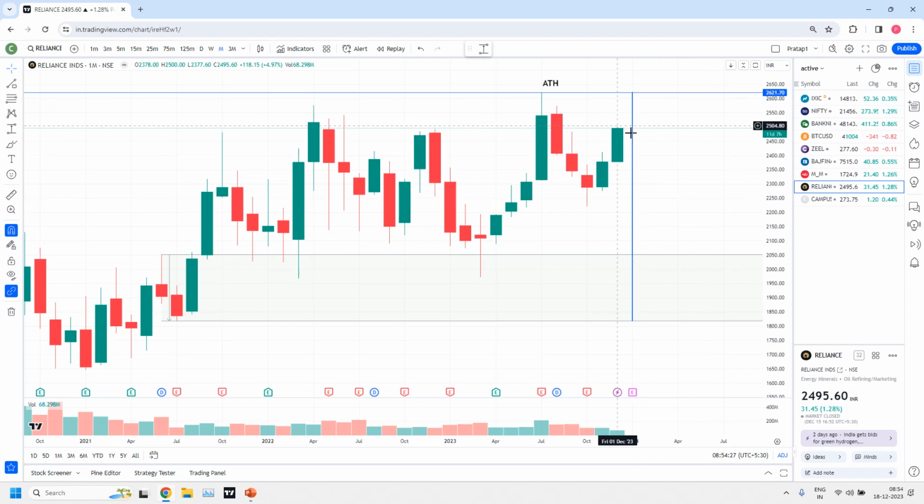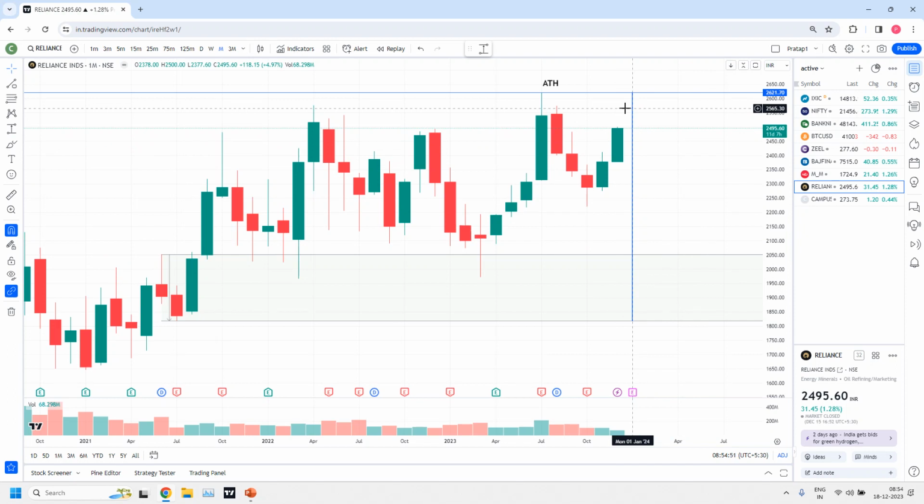But here there is no seller's area. In an all-time high scenario, there is no supply zone. When there is no supply zone, it means there is no seller's area. That means there are no institutional pending sell orders. Because there are no institutional pending sell orders, we cannot define the seller's area. Then what are the remaining two areas you need to identify?